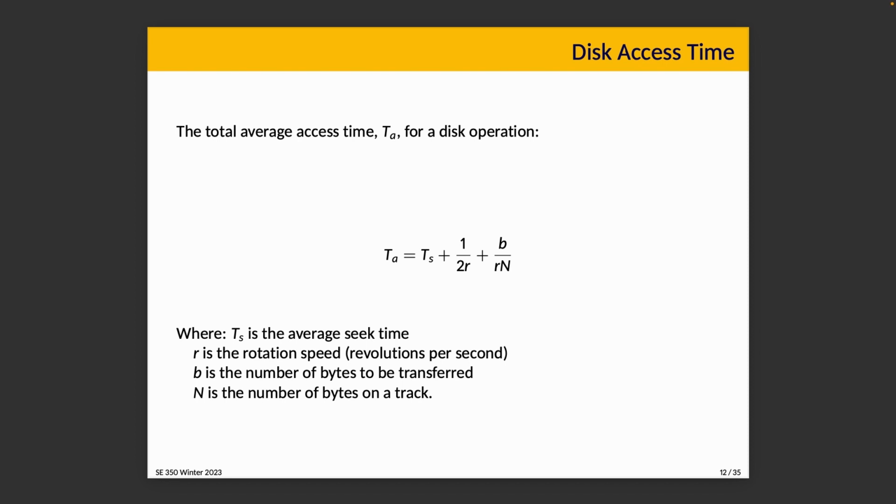It doesn't scale with how much data we're interested in pulling, and the 1 over 2R also doesn't scale with the amount of data that we're pulling, so only the last term scales with that. And this makes sense. T sub S is the seek time on average, and 1 over 2R is the average rotational delay. Based on that, it's easy to calculate just how much we would like to retrieve.